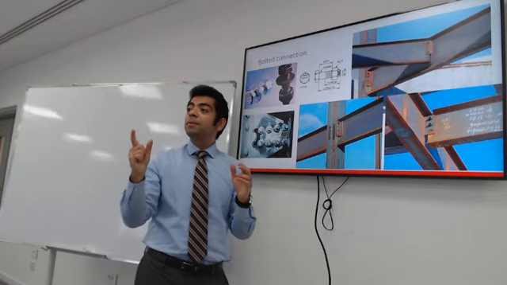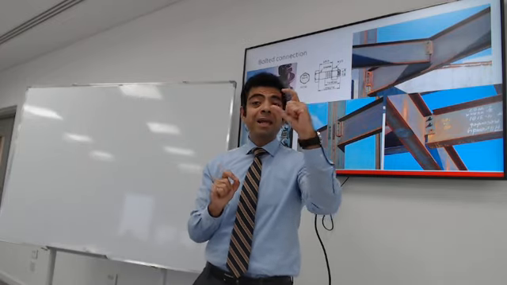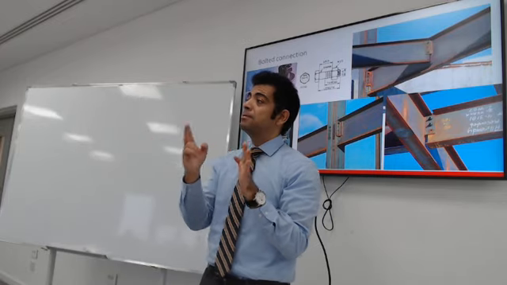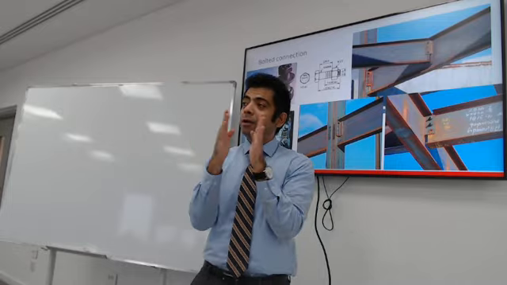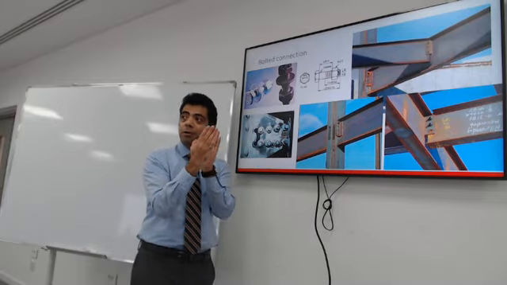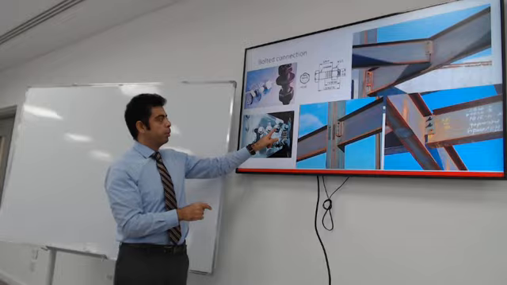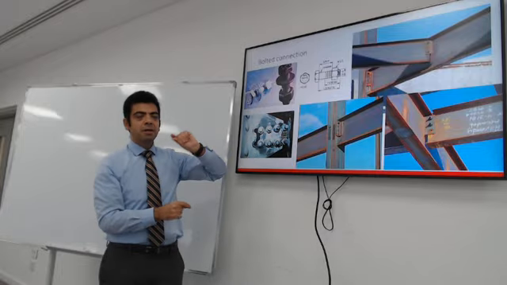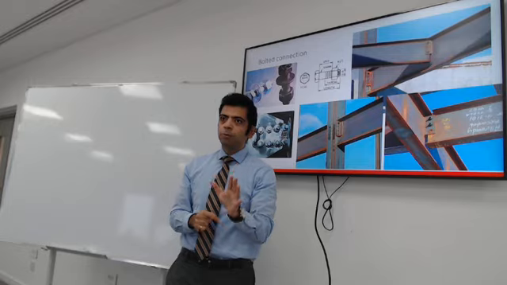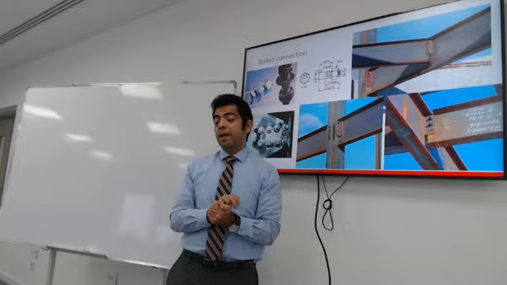So there are something called minimum edge distance and minimum spacing. You cannot put two bolts closer than a certain limit, and you cannot put a bolt closer to the edge than a certain limit. The code will give us guidance on that.